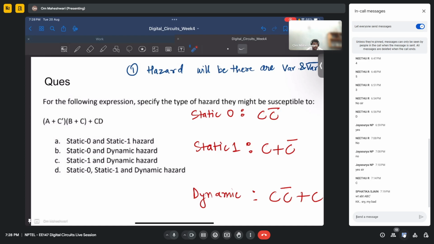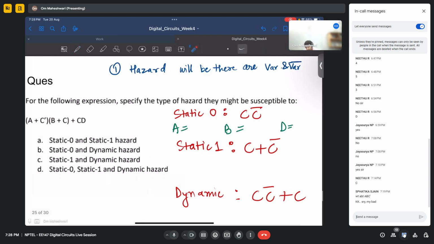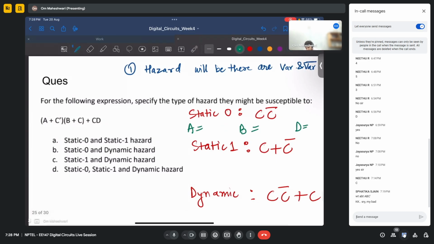No, sir. Okay. So in what condition of A, B, and D can we get this C C bar from here? What should A equal, B equal, and D equal, for F to change to C C bar?